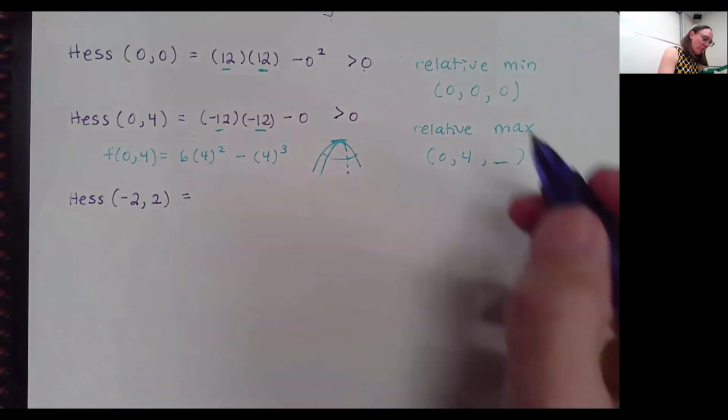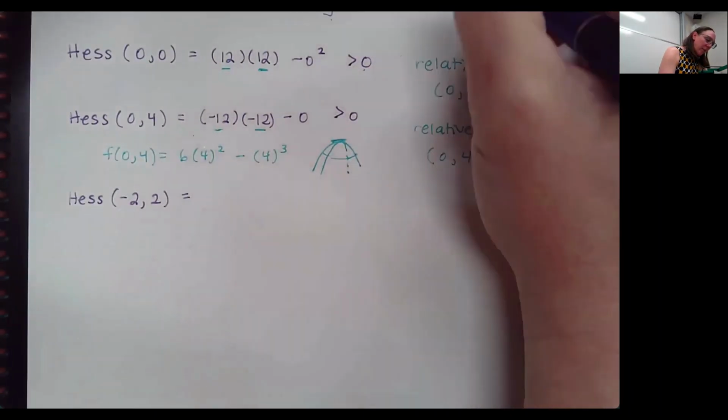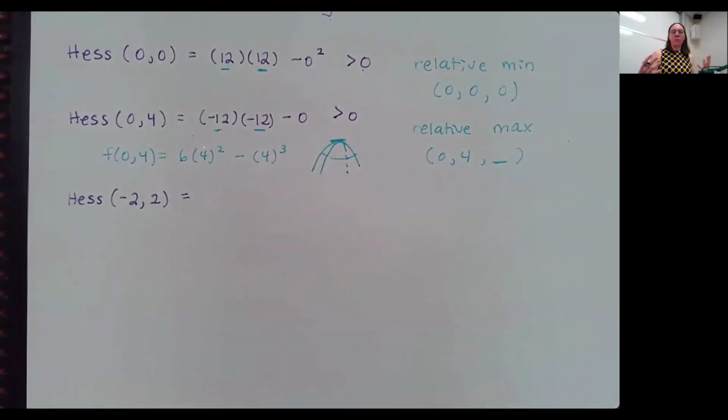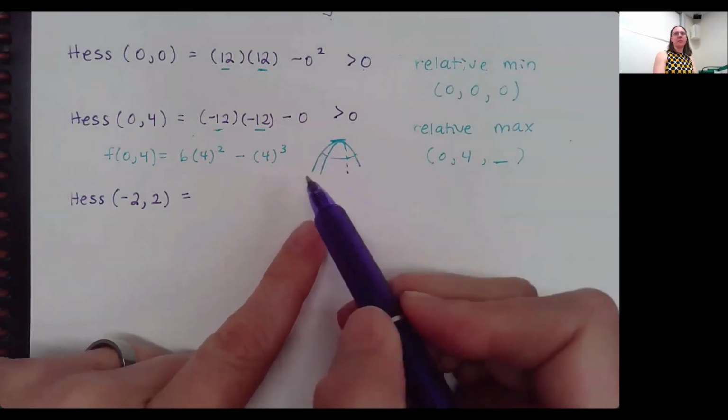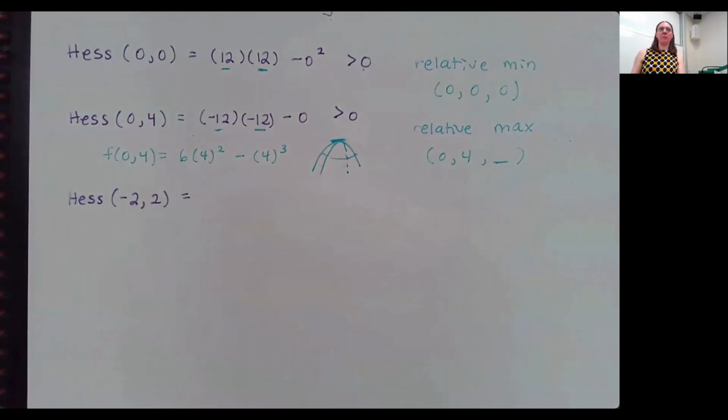They're interchangeable, but the first step is: overall, does that formula give us a positive or a negative? If that overall formula gives us a positive, then we need to look at the concavities. If the overall formula gives us a negative number, we already know we're at a saddle point.